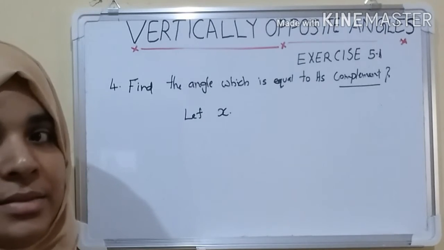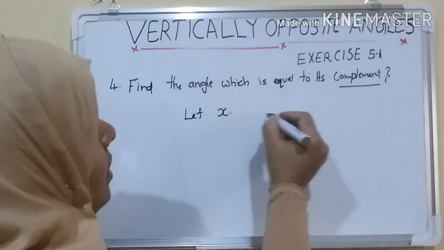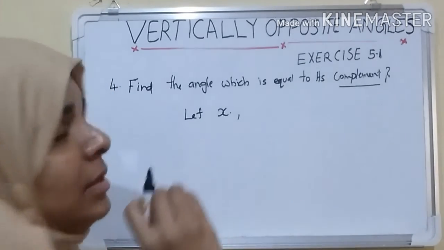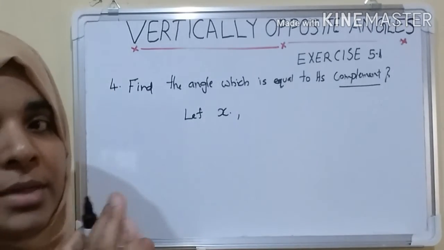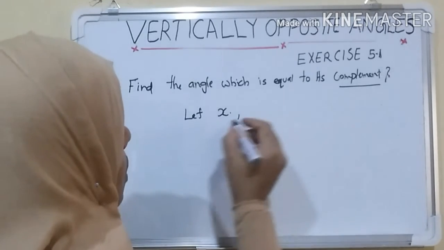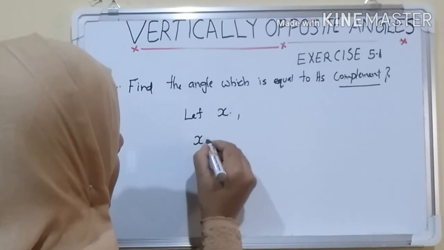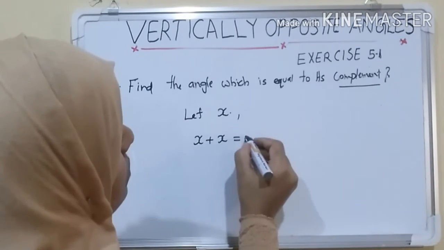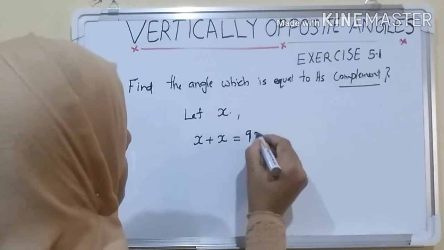If one angle is x, then the next one is also x, right? Because here it is given that the two complementary angles are equal. So we can write x plus x equal to complementary, right? So 90.